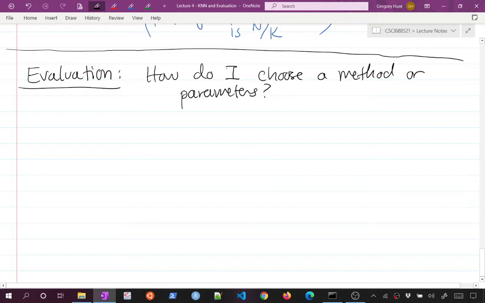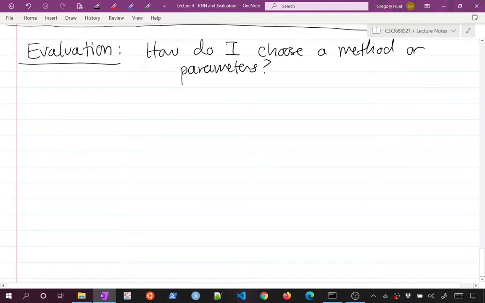We now have at least two different methods we can use to solve a regression problem. And both of these methods have different numbers of parameters, right? For KNN, I can choose the number of neighbors. For regression, I could change the number of variables, or add on complicated transformations of my variables, increase the value of p, and increase the flexibility of my method. And the question is, what's the best thing to do? So we want to talk about evaluation. How do we choose?